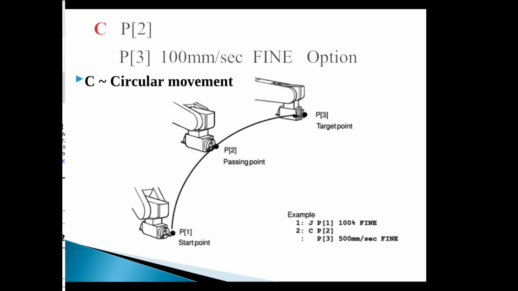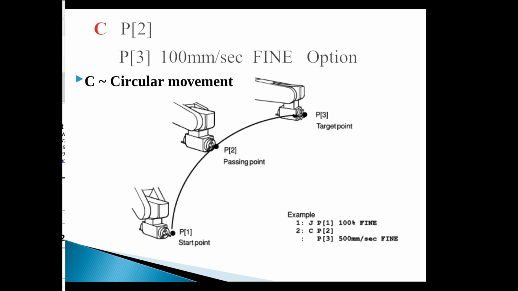So you notice here line 1 is actually shown as a joint movement to get me to point 1. But then the circular movement is going to take 2 points, point 2 and point 3, where point 2 is a point on the arc about halfway, and then point 3 is the finish point of that arc.